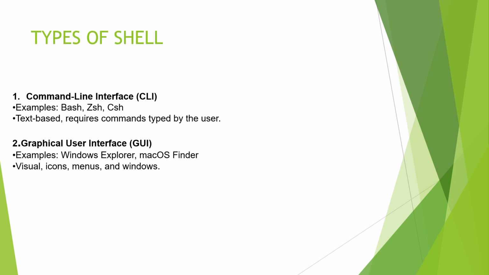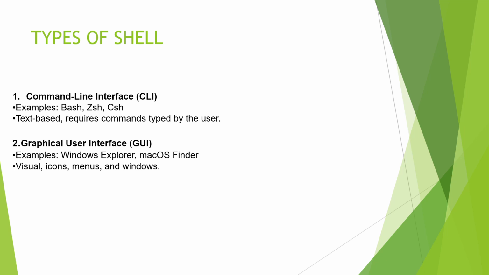Now we talk about types of shell. The first type is the command line interface. Command line interface is faster and more powerful for experienced users, offering more control over the system. Examples: bash, zsh, csh. It is text-based and requires commands typed by the user.